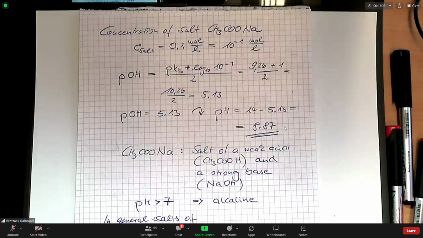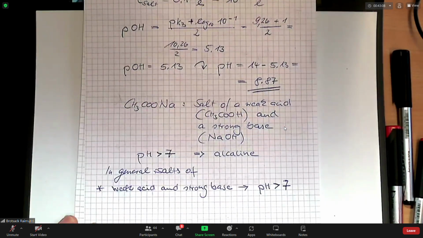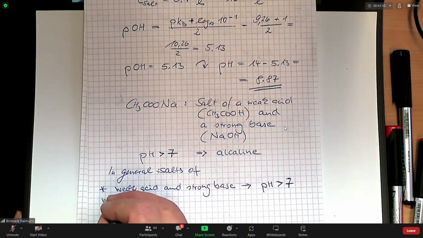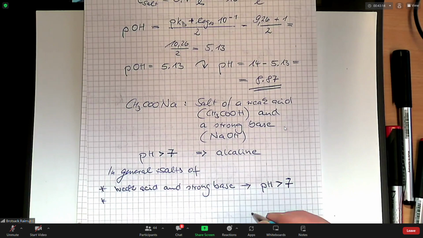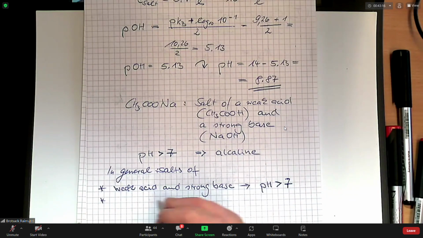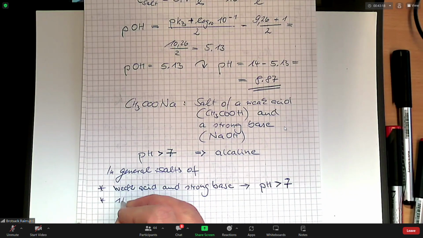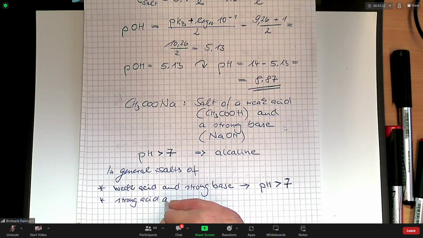Here we had nearly 9. Next, a strong acid and a weak base.